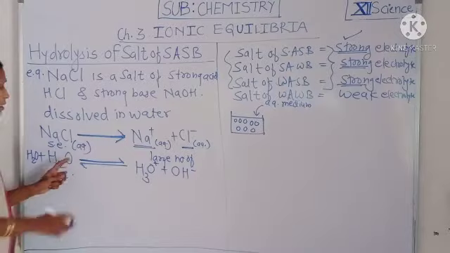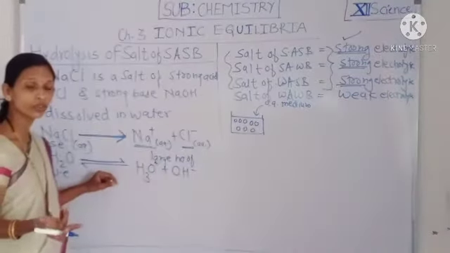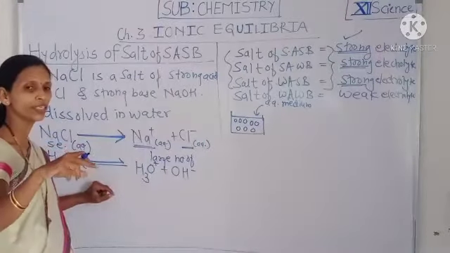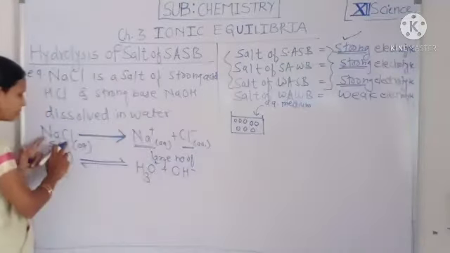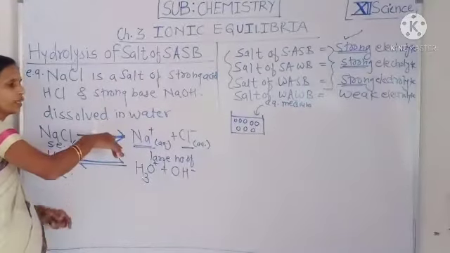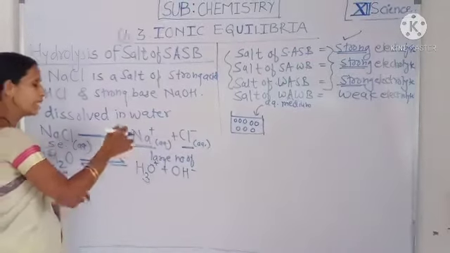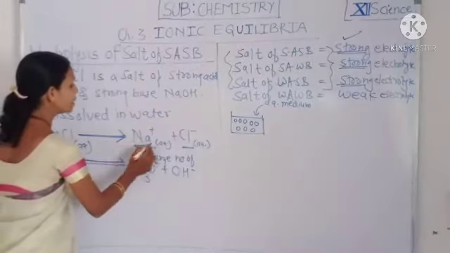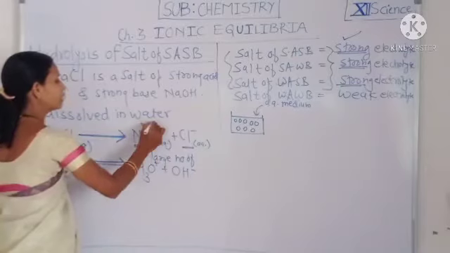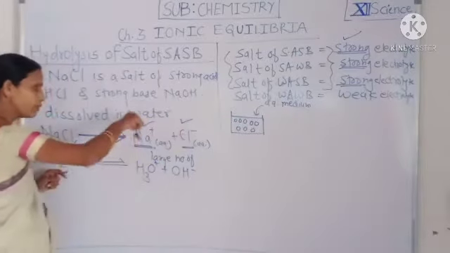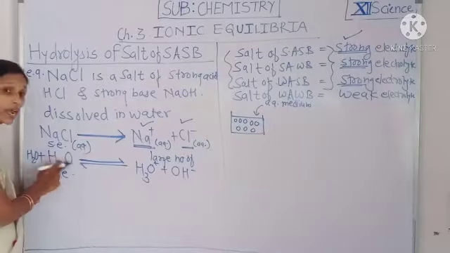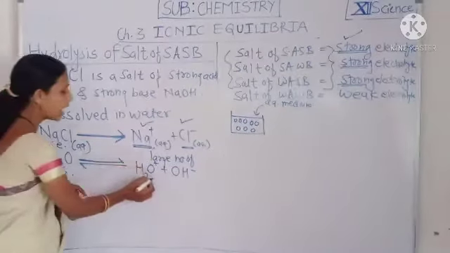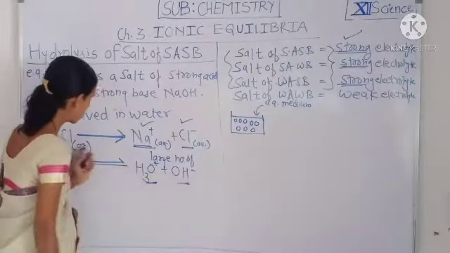Then what is hydrolysis of salt? I have mentioned it in the previous lecture. If the salt is dissolved in water, then the dissociated ions of the salt, that is the cation or anion, react with the ions of water.